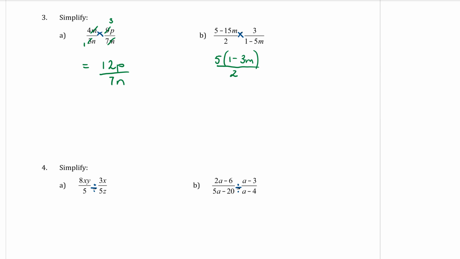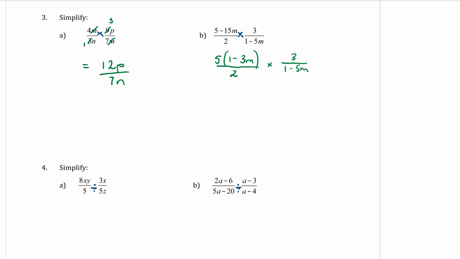Now that is going to be multiplied by 3 over, can I factorize the bottom of that other one? Nope. And even though I have factorized, I'm wanting to cancel now, but this is 1 minus 3m and that's 1 minus 5m. They're not actually the same, so I cannot cancel them.